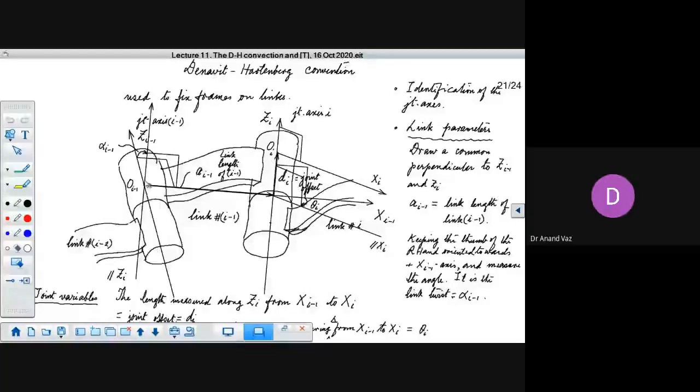That line parallel to Zi was brought here. The angle so obtained was called the link twist, alpha i minus 1. That's how it was designated.